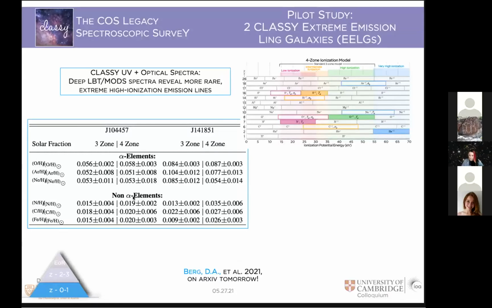But for the other elements we measured, non-alpha elements, nitrogen, carbon, and iron, they're much lower. So for the first galaxy, around 2% solar, and for the second galaxy, around 3% solar. And so this would argue that in the gas we could be seeing depleted iron to alpha, or the opposite way, enriched alpha to iron.